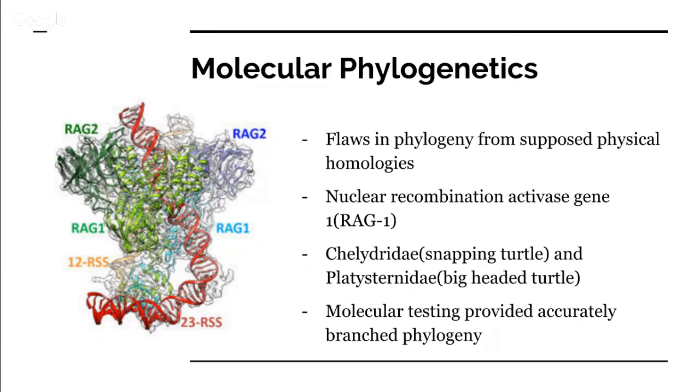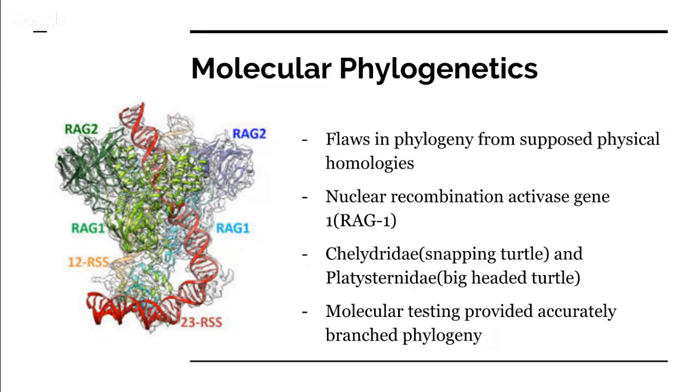That's just an example of what it did. Through molecular phylogenetics, we were able to know the branching of the turtle family and understand how this branching occurs.